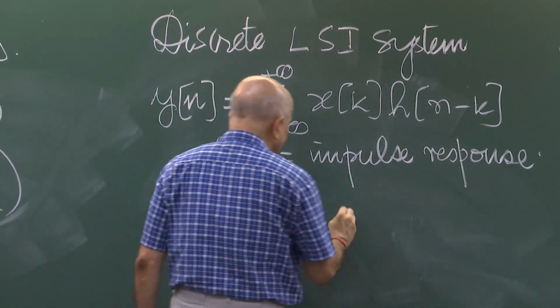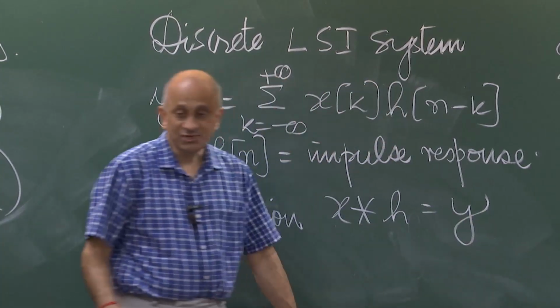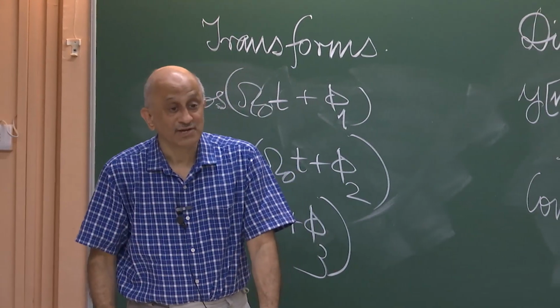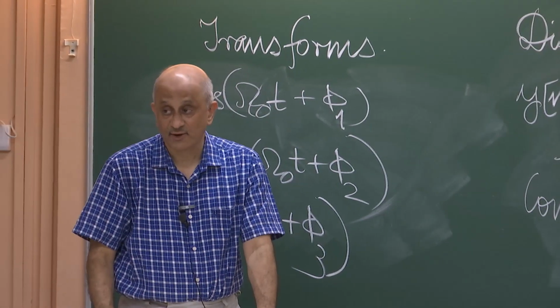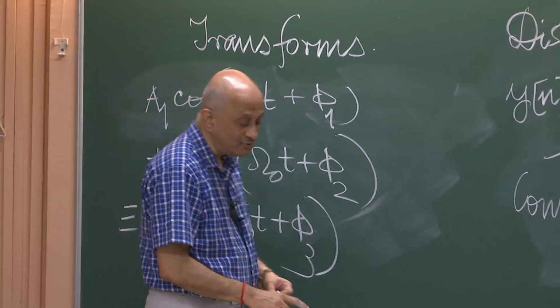So, we say x convolved with h gives you y. Convolution is an operation between two sequences, it is not an operation between two numbers. How do we effect convolution? Let us see.